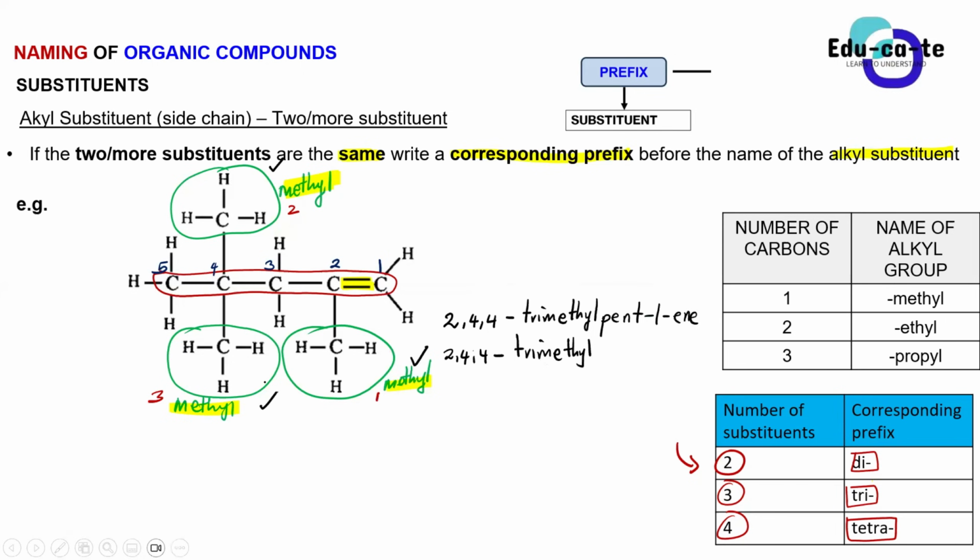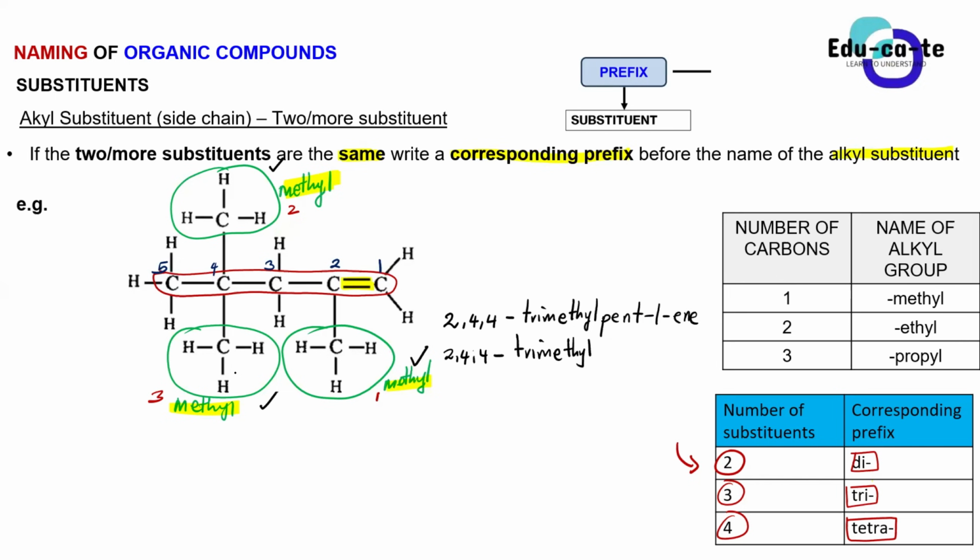You want to exclude 1? No, you cannot exclude 1. Guys, positioning is very important. If you exclude 1, it's completely wrong. You cannot just say this is 2,4,4 trimethyl pentene. You cannot just say pentene without mentioning where we find the double bond.